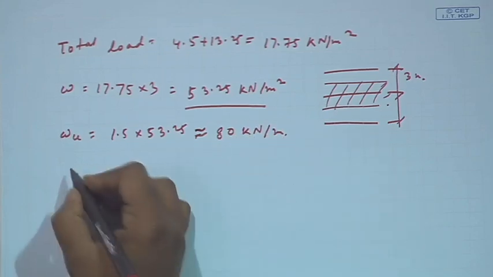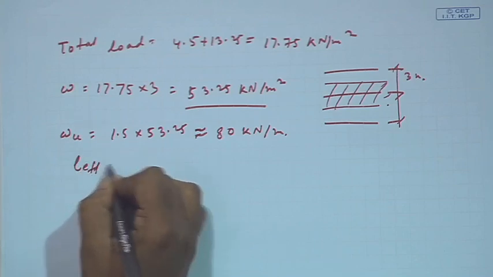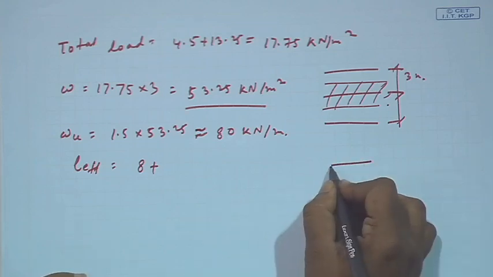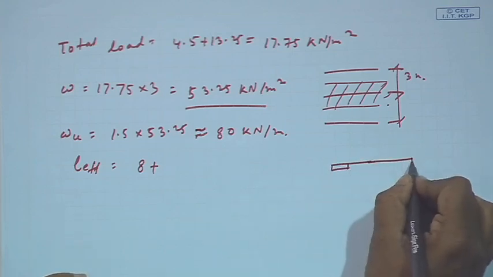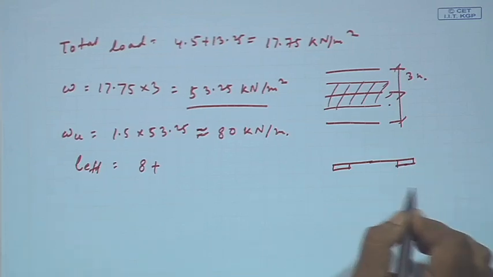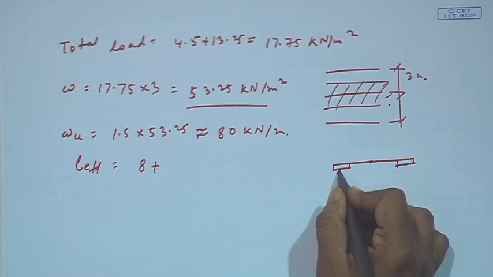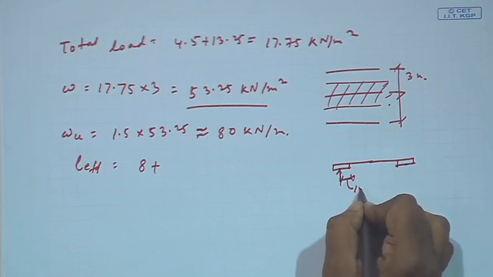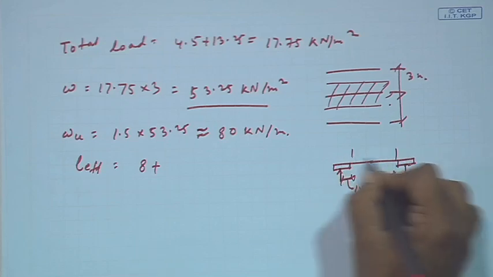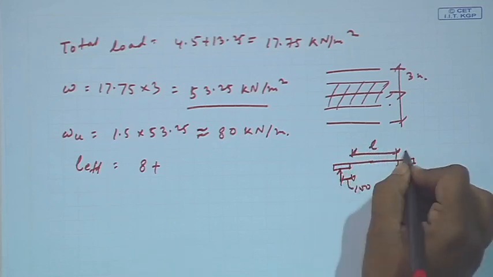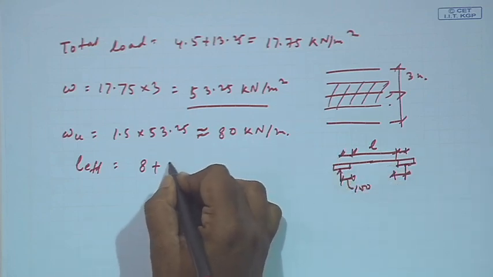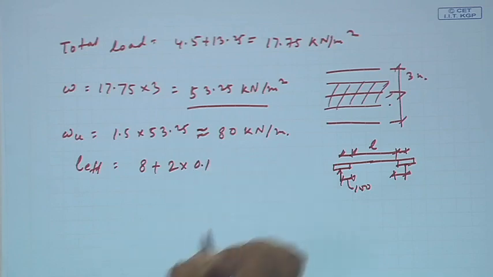And effective span will be the length of the span, which was given as 8 meter, plus bearing length; on two sides there is a bearing length of 200 mm. So, from here it is 100 and from here it is 100. So, total length will be the clear span plus bearing length by 2 plus bearing length by 2, so 8 plus 2 into 0.1.